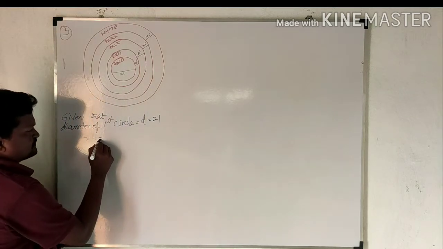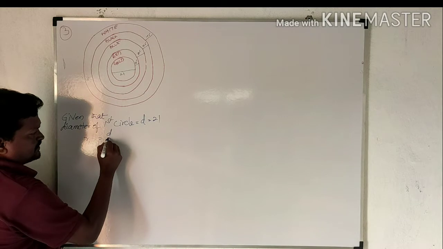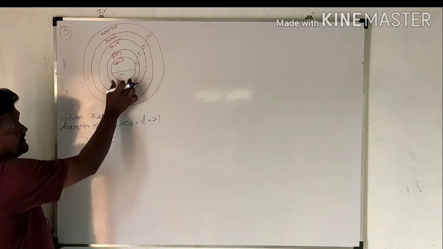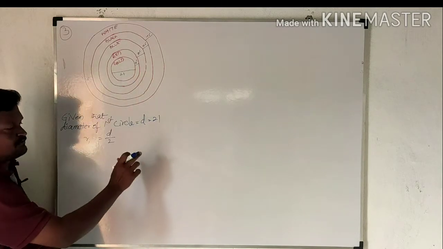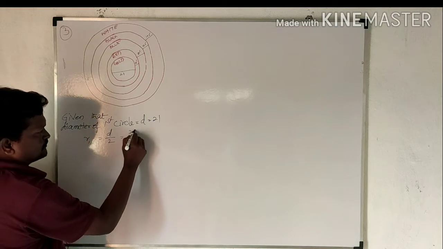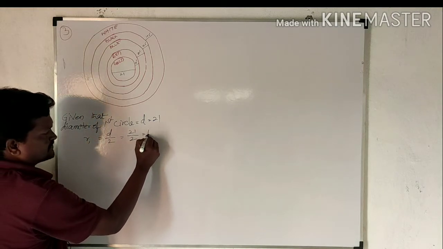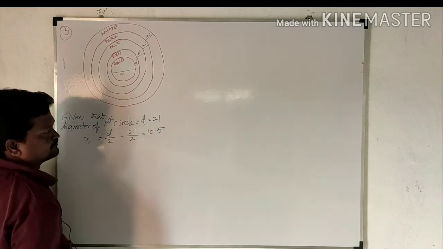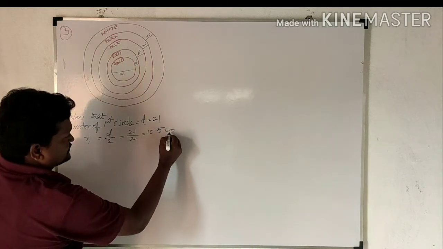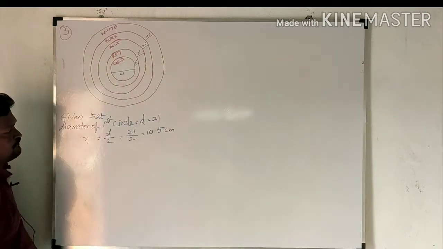Then R, let it be R1, is D by 2. We know the radius of a circle is half of the diameter, that is 21 by 2, that is 10.5 centimeters. This is the radius of the first circle.